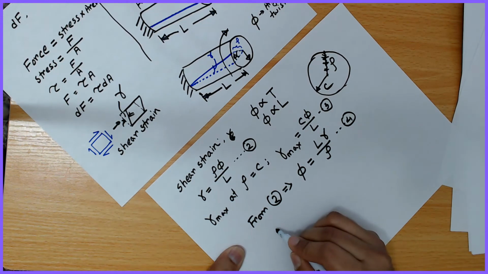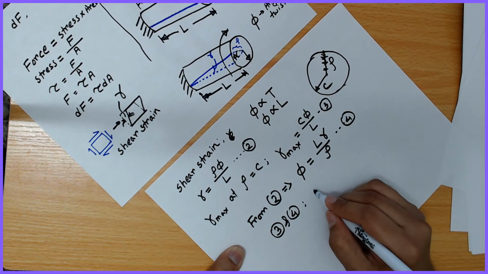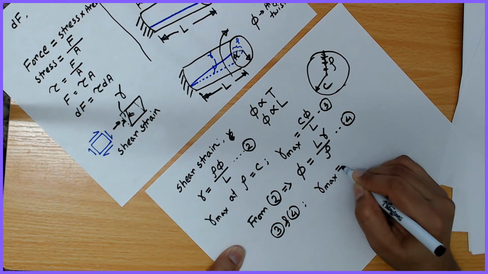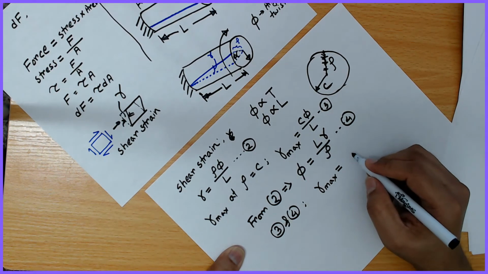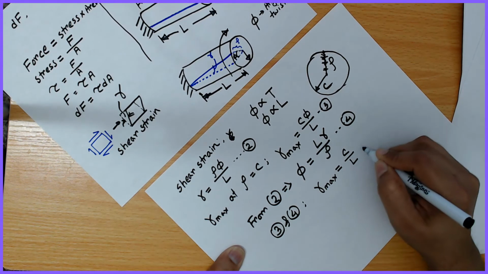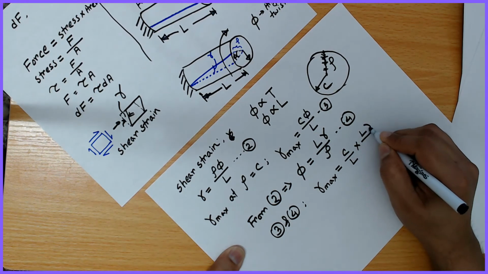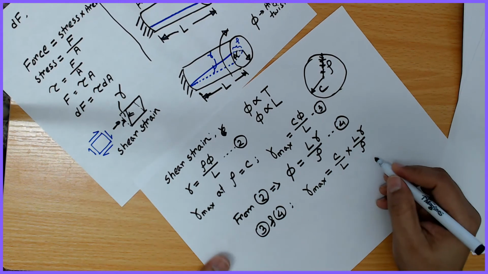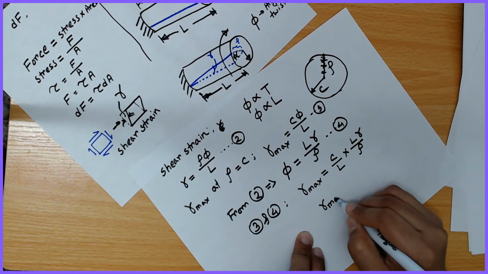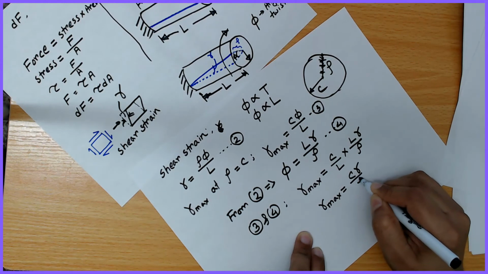And if we combine 3 and 4, I can write gamma max equal to C by L multiplied by L gamma by rho. Gamma max equal to C gamma by rho.